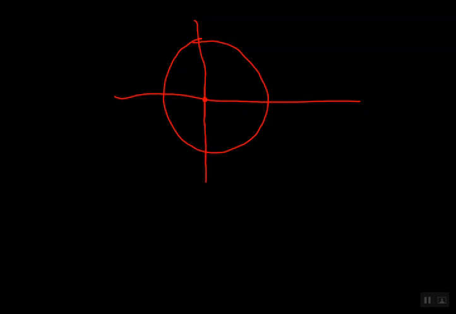It's got a radius of r, and I've got some point here on the circle, with an angle theta here. This has a point x comma y.